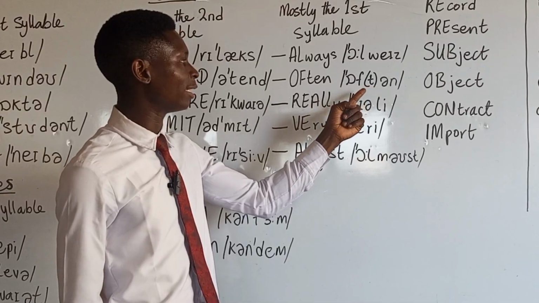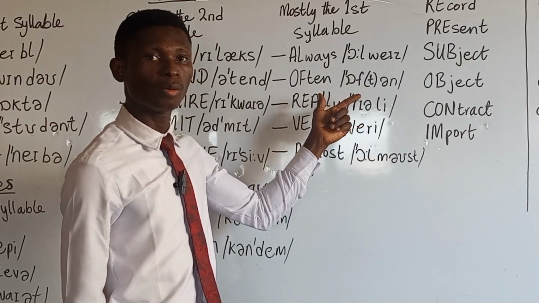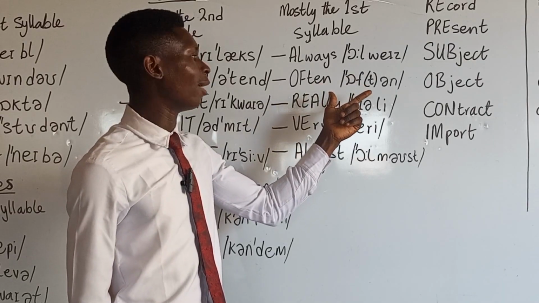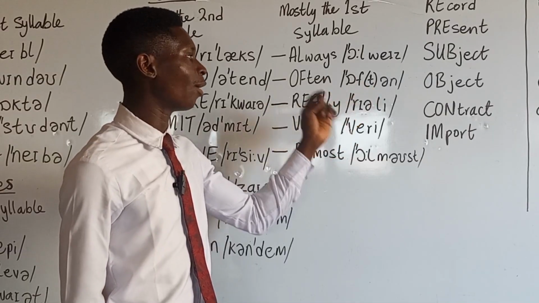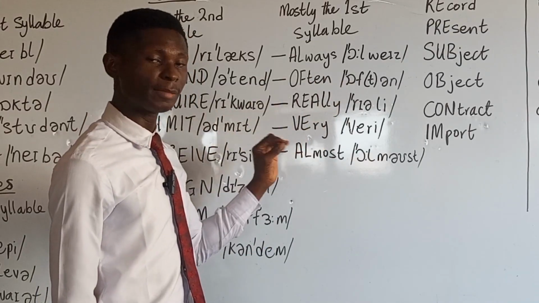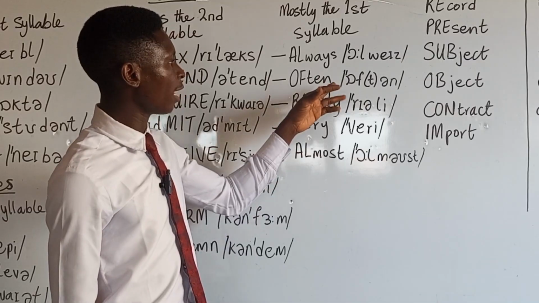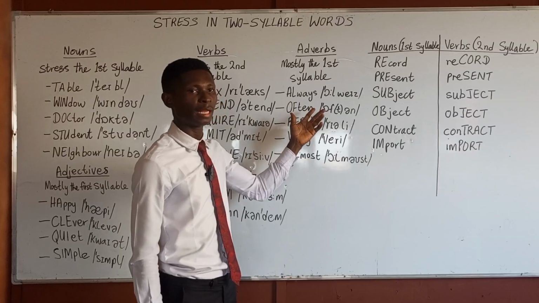It is an indication that this sound is optional. You may wish to pronounce this word without the T sound, or you pronounce it with the T sound, often or often. So take note of that. But for this particular purpose, we are laying emphasis on where we have the stress, which is the first syllable.